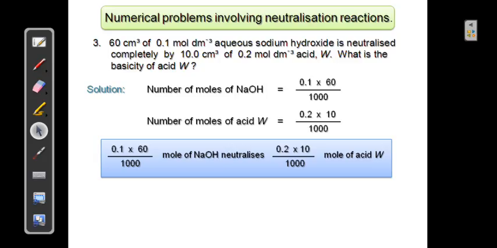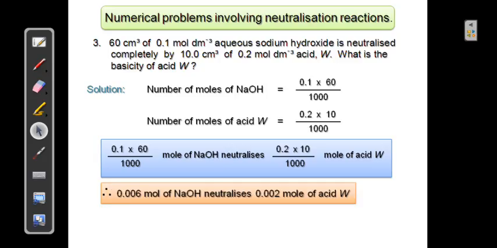They have let you know that 0.1 times 60 over 1000 moles of NaOH will neutralize 0.2 times 10 over 1000 mole of acid W, which if you convert them into decimals, you'll find that 0.006 mole of NaOH also neutralizes 0.002 mole of acid W.